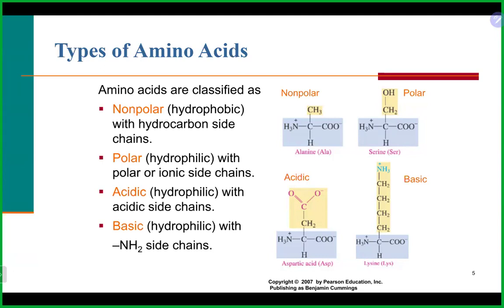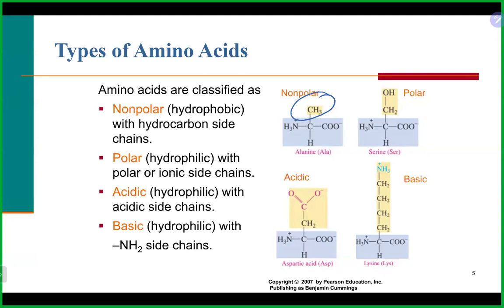So they typically will have a carbon hydrogen type chain, a basic nonpolar group of carbons and hydrogens. If you see an amino acid whose side group is basically just carbons and hydrogens, not much else going on, that's going to fall under the nonpolar category.